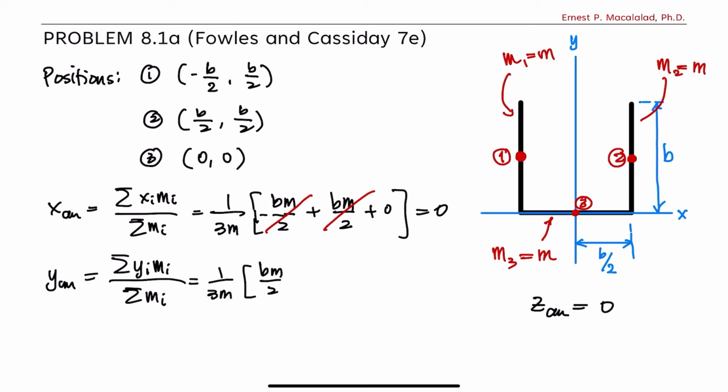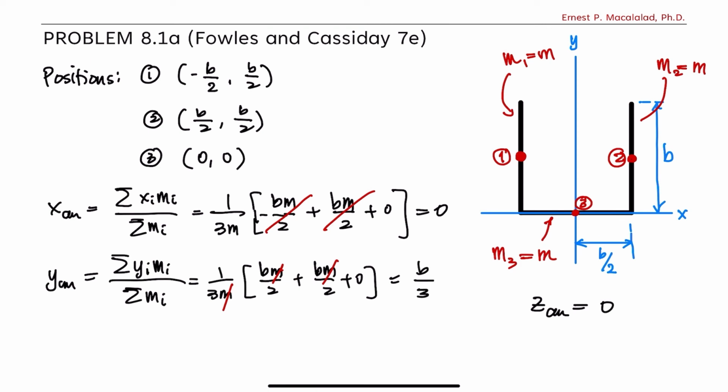And then the second segment would be the same: m times b over 2, so that's bm over 2. This is 0. So the result here, remember that m will cancel, is b over 2 plus b over 2, which is b. So this becomes b over 3.